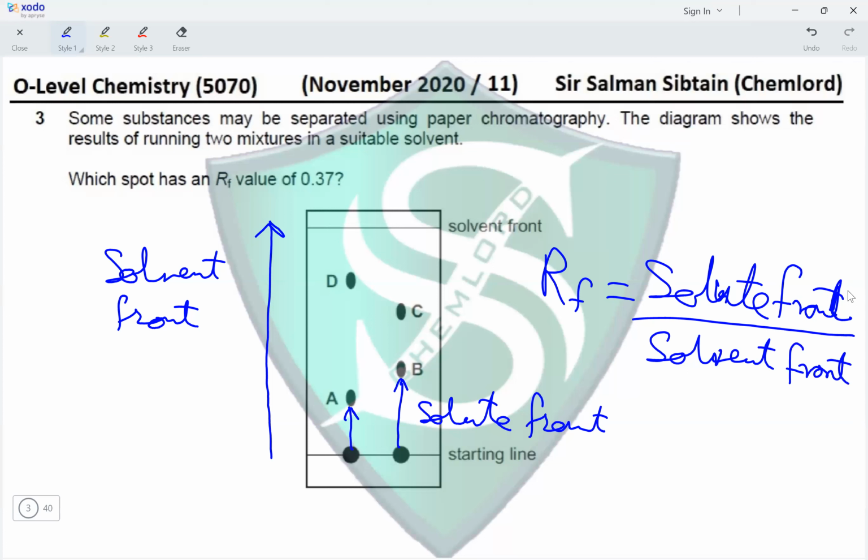And the further away it is, the smaller would be the RF value. The RF value we require is around 0.37. That means it needs to have traveled approximately 37% of the paper, or 40%. So we can actually guess that the correct answer here would be option B. But when we calculate the values by measuring the distance traveled of solute upon solvent, we obtain the correct answer as option B.